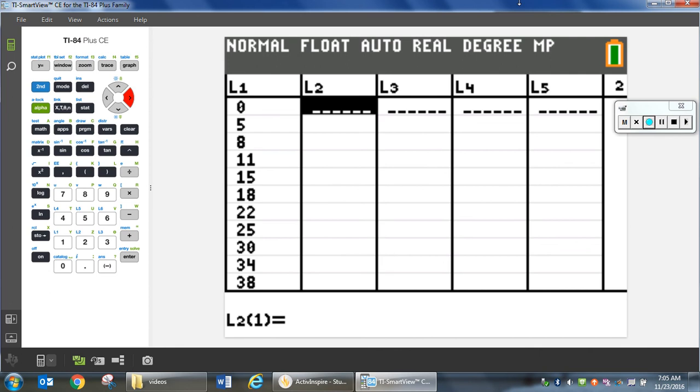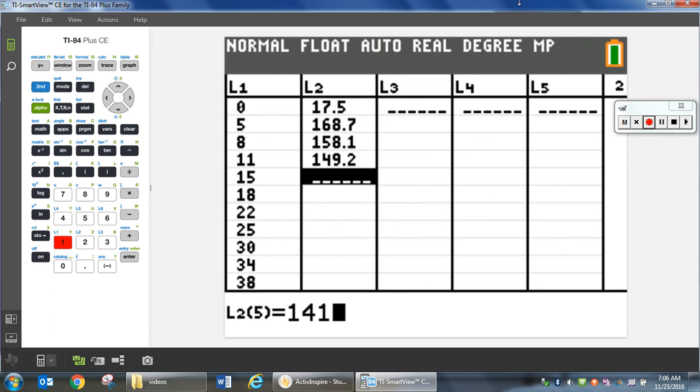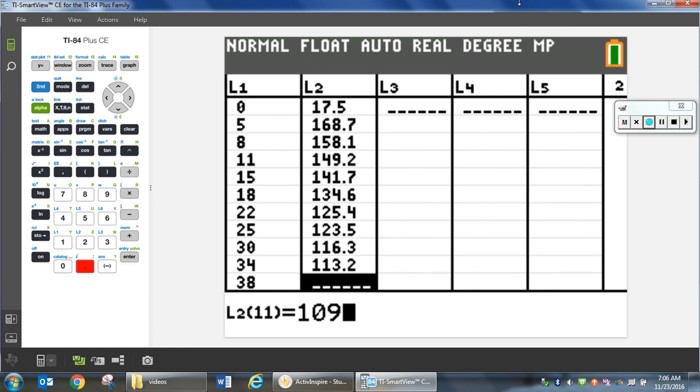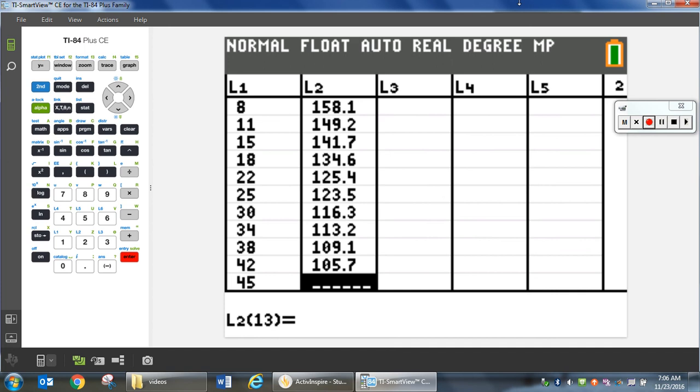Okay, and then L2. Okay, so you might want to double check your numbers, because if you have slightly different numbers, you will get different data.